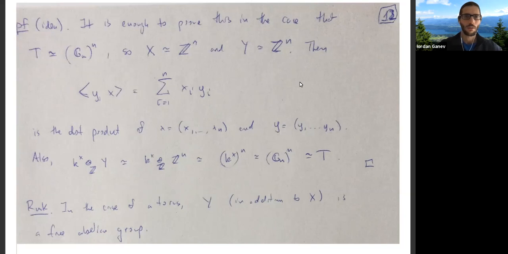Yeah, so you're probably familiar with tori in topology, where you have the circle group S1 to the n, and in topology, that's the n torus. But here, that's the maximal compact. So basically, the relationship is taking the maximal compact subgroup.